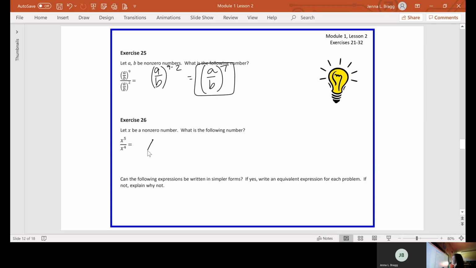Exercise 26. I have a common base of x, 5 minus 4. So I have x to the first, and again, you don't have to write the 1 unless you want to. You could write it just as x.